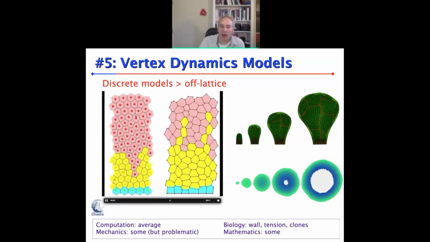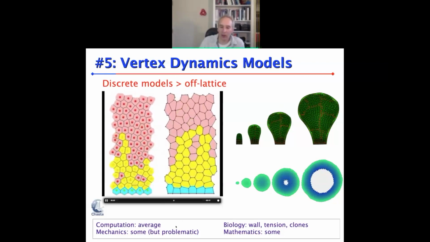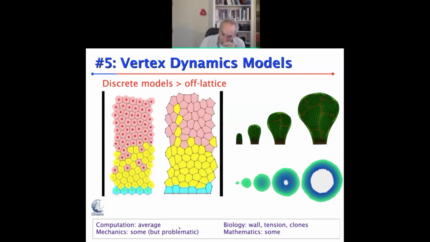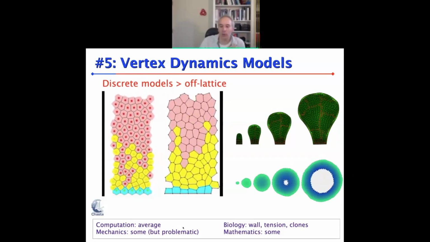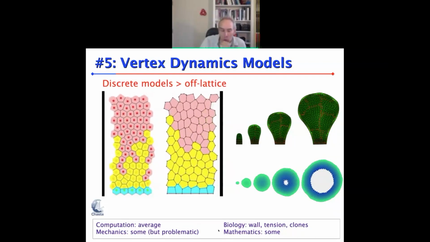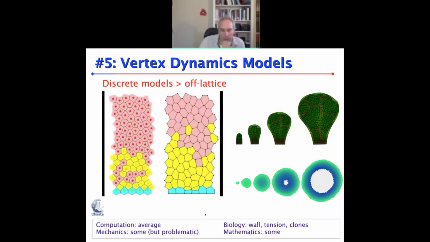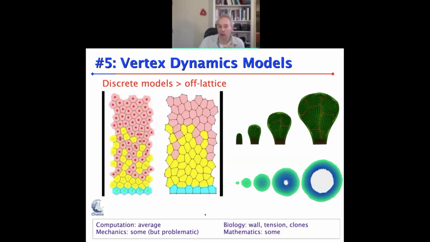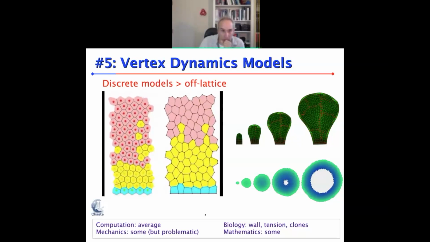Again, the computation average is in 2D and difficult after that. There's some mechanics, again, it's a little bit problematic, but very nice result, and one of the main tool of computational biology when it comes to development.